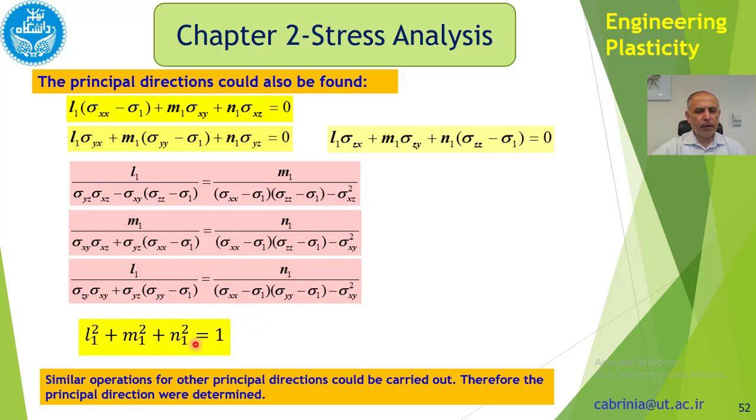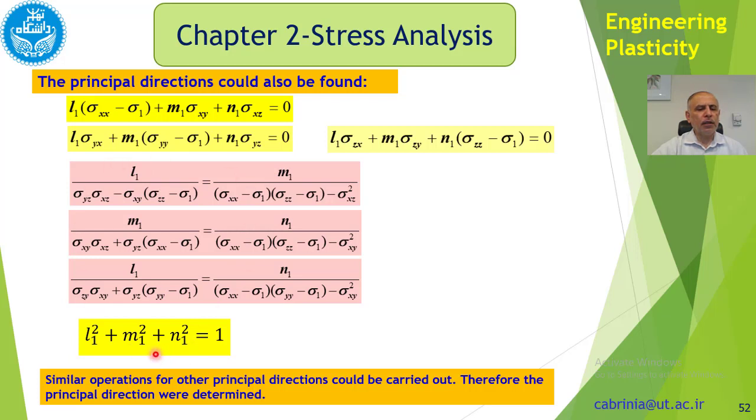We also have this relationship, which is for the direction cosines of any line: L1 squared plus M1 squared plus N1 squared is equal to 1. The sum of these is equal to 1. So we can use these 2 relationships easily to obtain L1, M1, and N1.